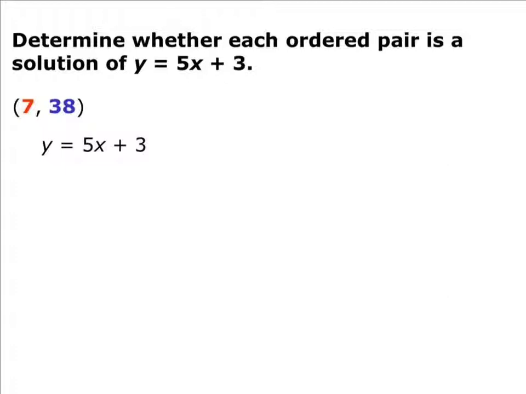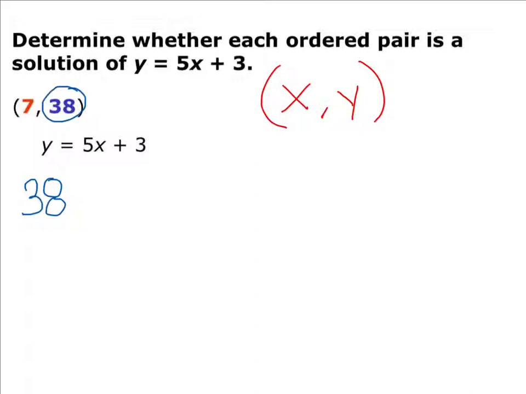Alright, this one wants us to actually solve it this time. Okay, so again, remember, it's your x followed by your y. So what we're going to do is substitute our values in there. For our y, I'm going to go ahead and substitute 38 in there, because that's what my y value is up there. Right there, that's my y value.